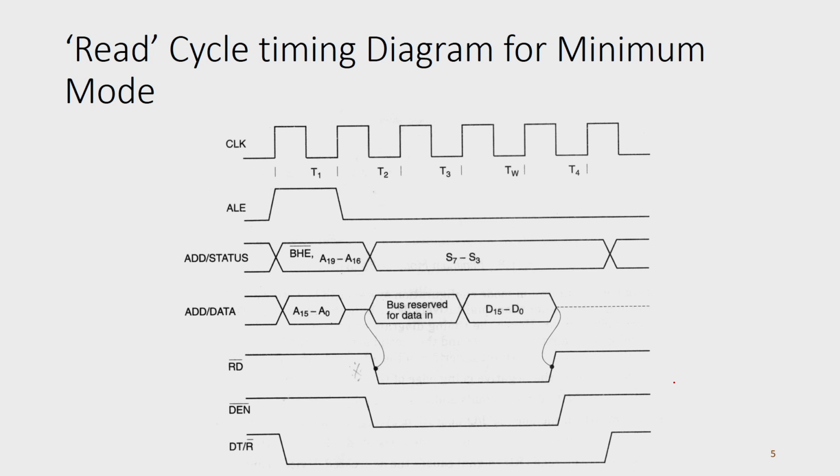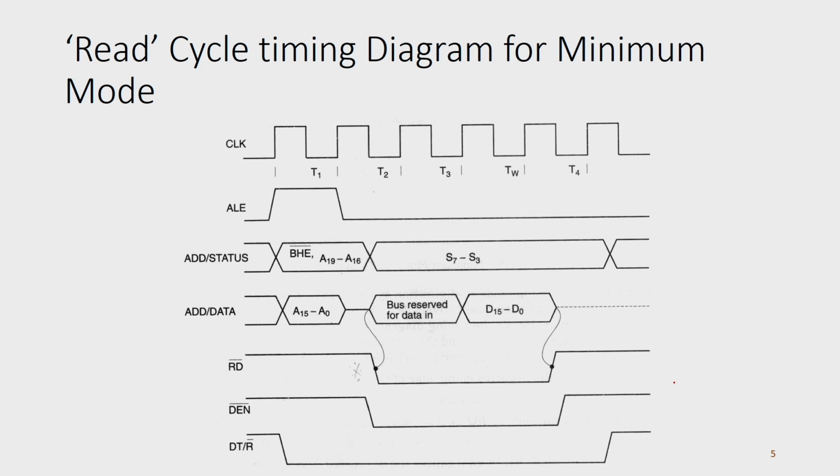As I have discussed, to demultiplex the address and data buses, and the status and address buses, ALE goes high in the T1 state. During this point the address bus and data bus will be demultiplexed, and the address bus and status bus will be demultiplexed, as you have discussed just now. Similarly, there are 2 more signals, bus high enable and S7.